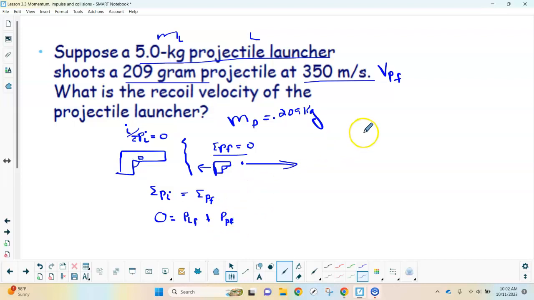Again, you're just using standard p equals mv to solve for whatever you're looking for. So we have 0, we know the mass of the projectile launcher is 5, and we don't know the final velocity of the launcher, so VLF would be the final velocity of the launcher. For the bullet or projectile, we know the mass is 0.209, and we know it's going at 350 meters per second. That's really fast, actually.